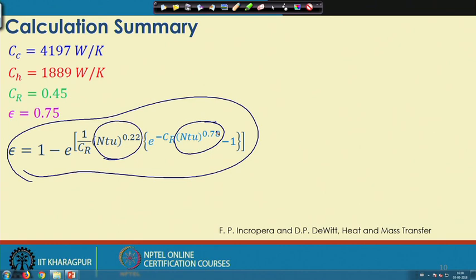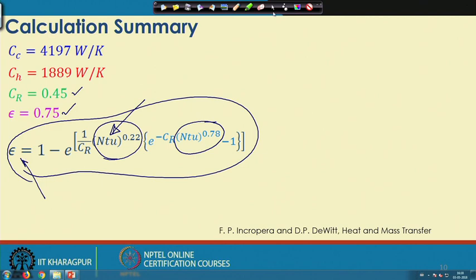We have calculated the epsilon, we have the Cr value, we have the C minimum value also with us, but we intend to calculate the NTU, and this relation will directly give you the epsilon, not the NTU. So, we cannot rearrange this equation.